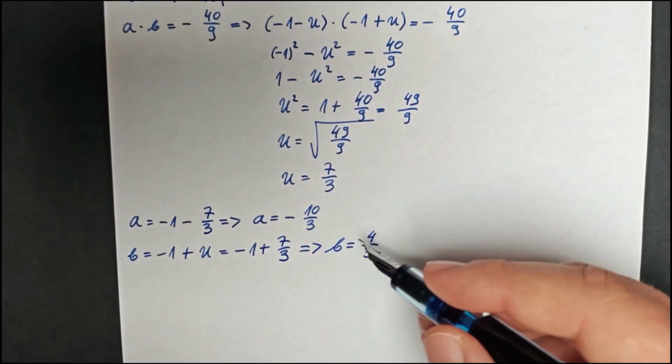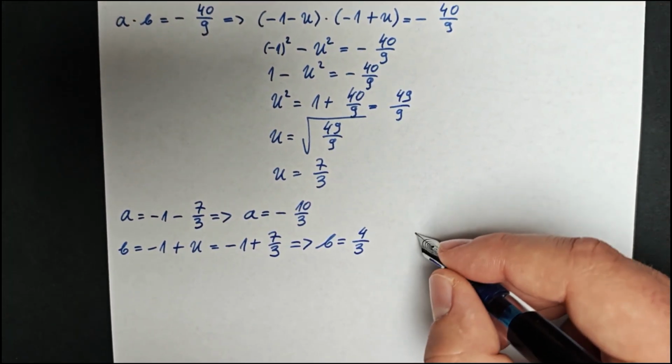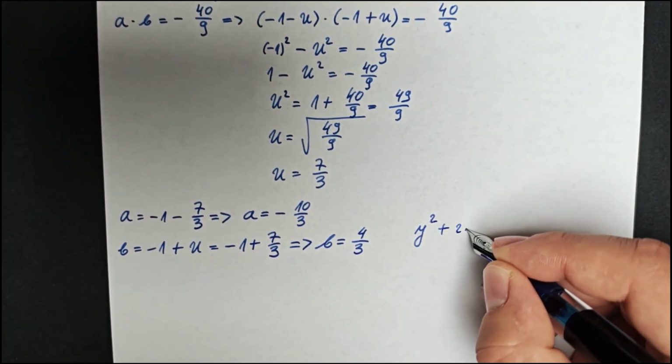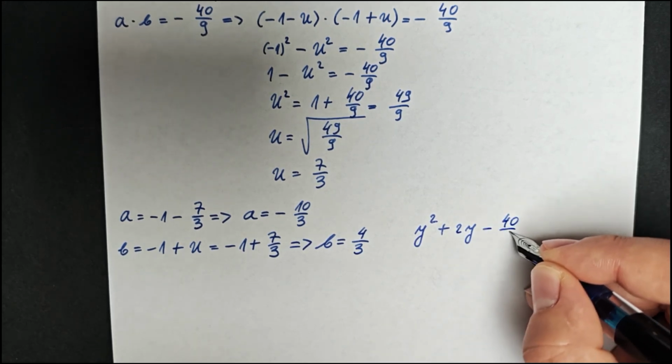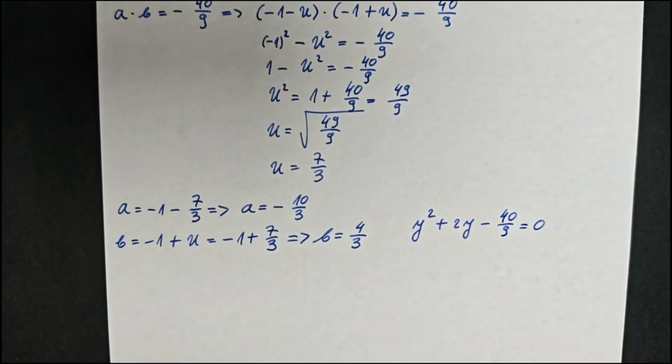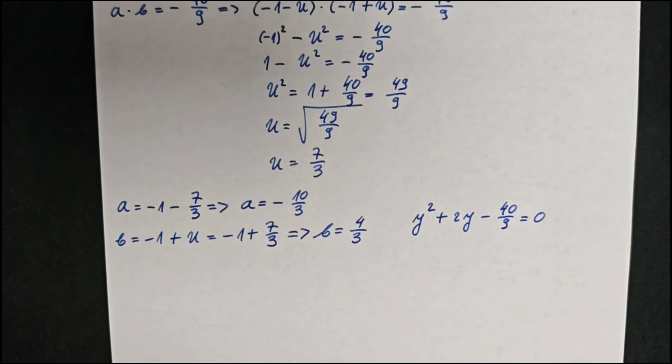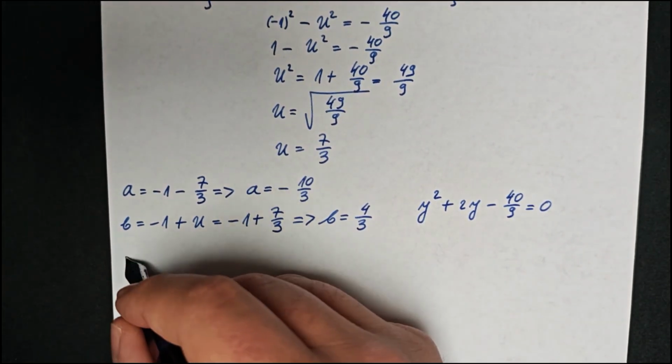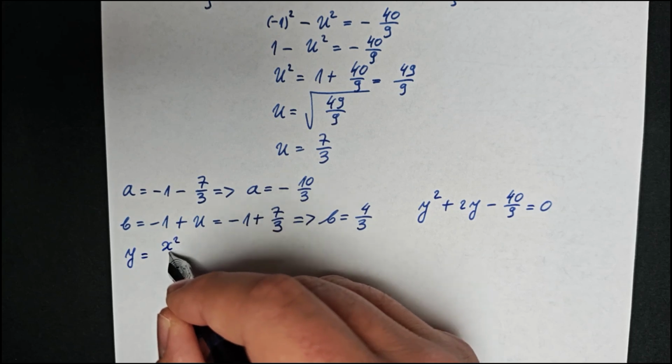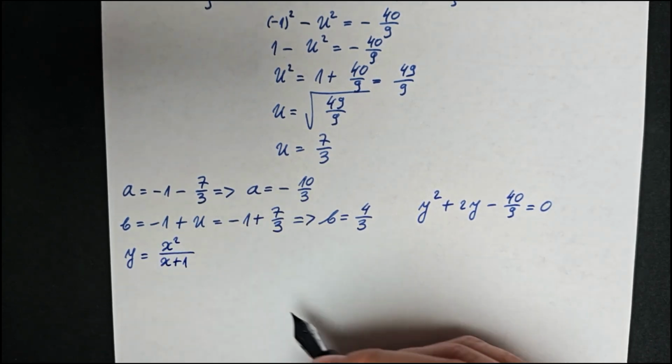Note here that a and b are the solutions of the equation y squared plus 2y minus 40 over 9 is equal to 0. We have used a substitution that y is equal to x squared divided by x plus 1.